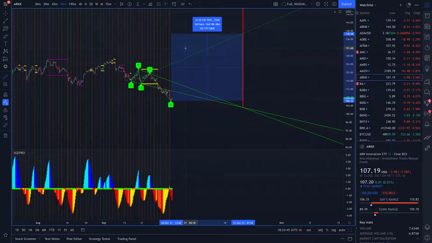You got to remember that you still need to figure out what your risk, the amount of money you're going to put into this trade when it triggers a long entry. Okay, because there's nothing 100% guaranteed.